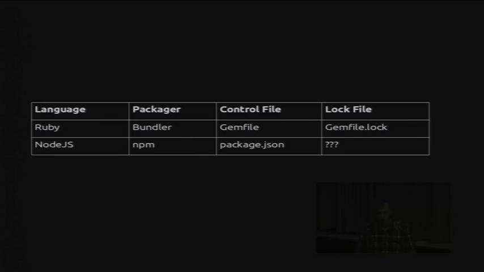And then a Gemfile.lock, which says, okay, when you installed this, here's the 200 other packages that were included, and these are the exact versions that you had at that time. So in the future, you'll be able to just install using the lock file, and your two systems will be the same. This doesn't exist in Node.js or the Node Package Manager.